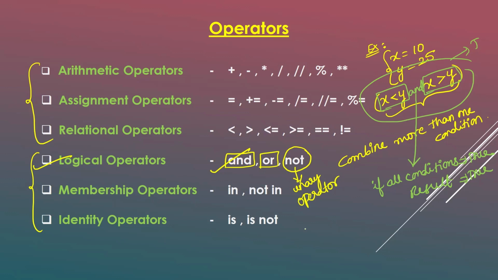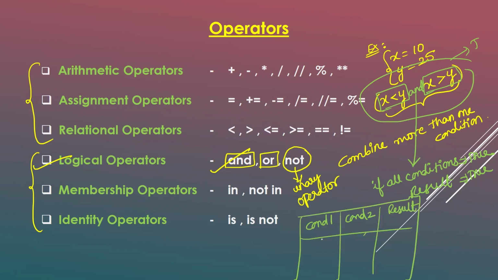I'll give the truth table. Based on condition 1 and condition 2, we are going to get a result. If the first condition is true and the second condition is true, automatically the result will be true, because all the conditions are true. If the first condition is true and the second condition is false, obviously the result will be false.